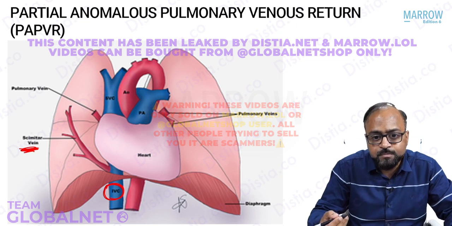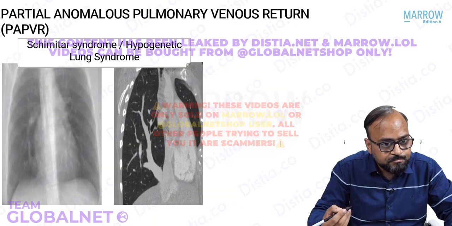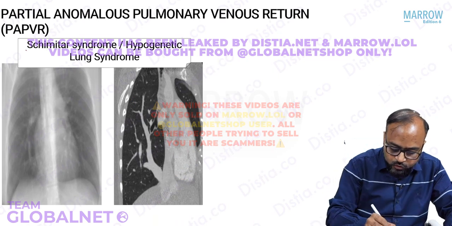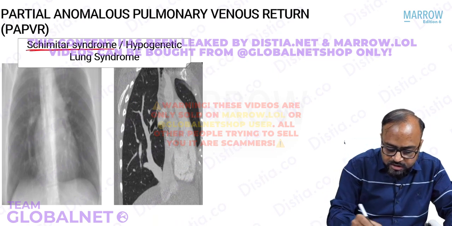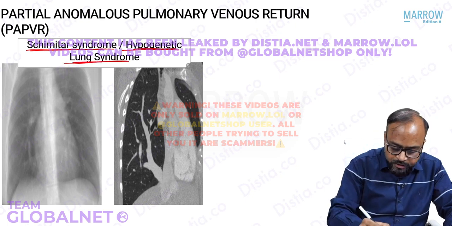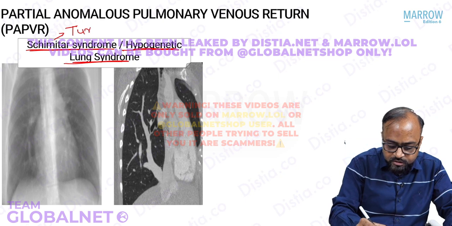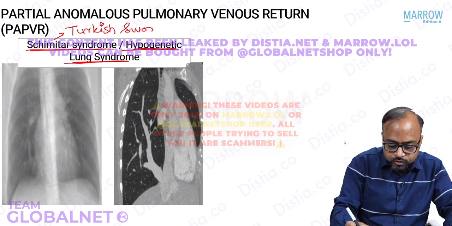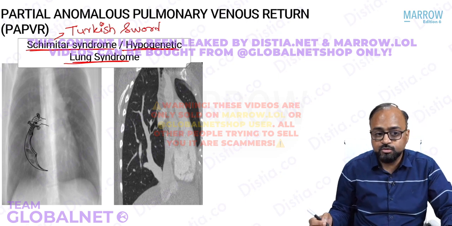Now it creates certain peculiar appearances. This is associated with a syndrome which is called scimitar syndrome or hypogenetic lung syndrome. Scimitar means a Turkish sword. So look at this X-ray image. This is how a Turkish sword looks.